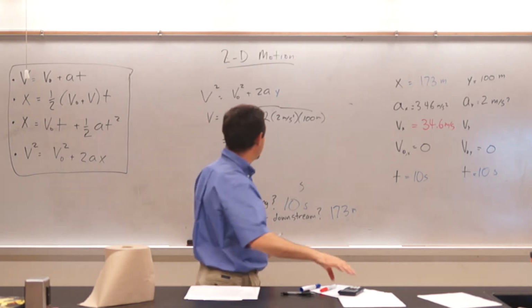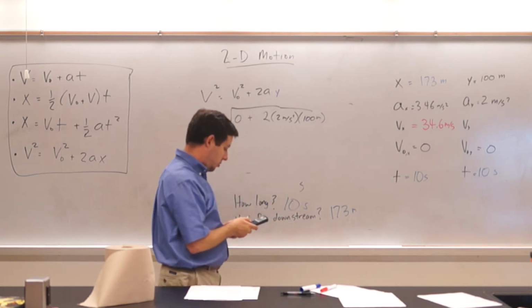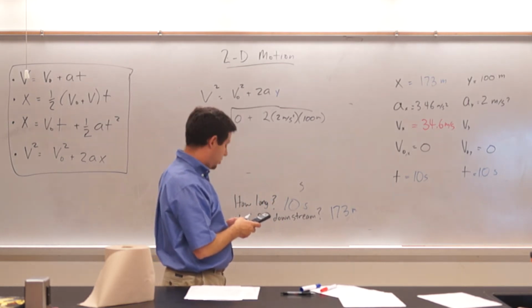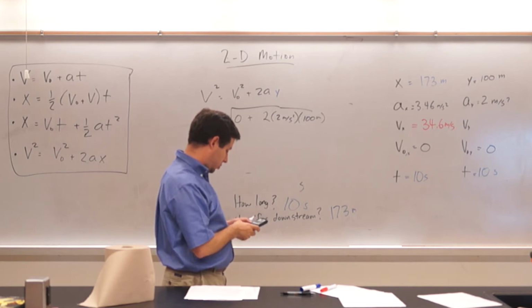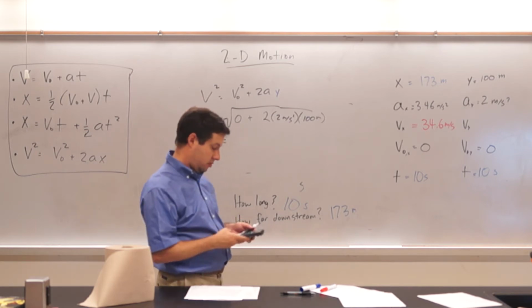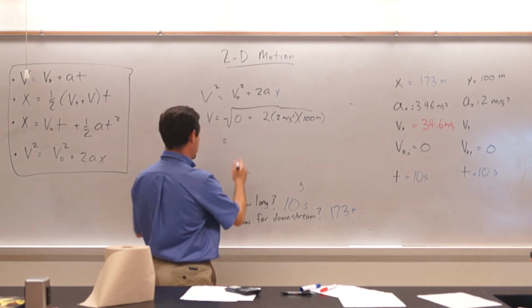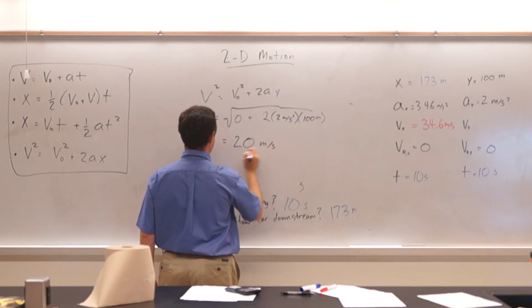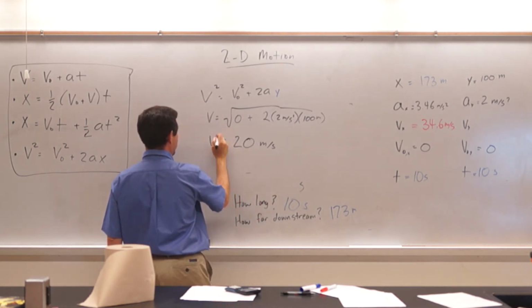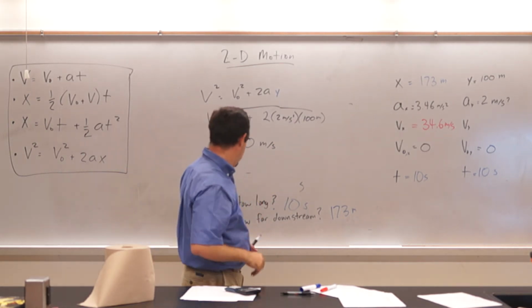So 2 times 2 times 100 should actually work out to be the square root of 400, which should be 20. So V sub y is 20 meters a second.